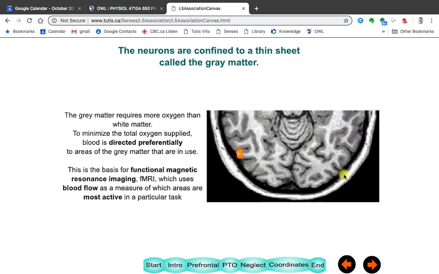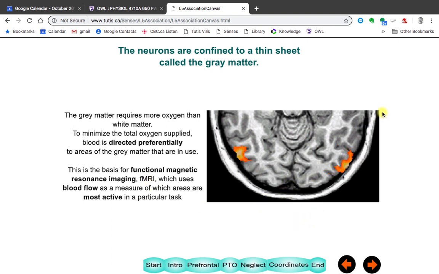And what's useful about that is that we can use the blood flow. If we measure the blood flow, we know what areas are thinking, what areas are being activated. And that's what functional magnetic resonance imaging does, or fMRI.